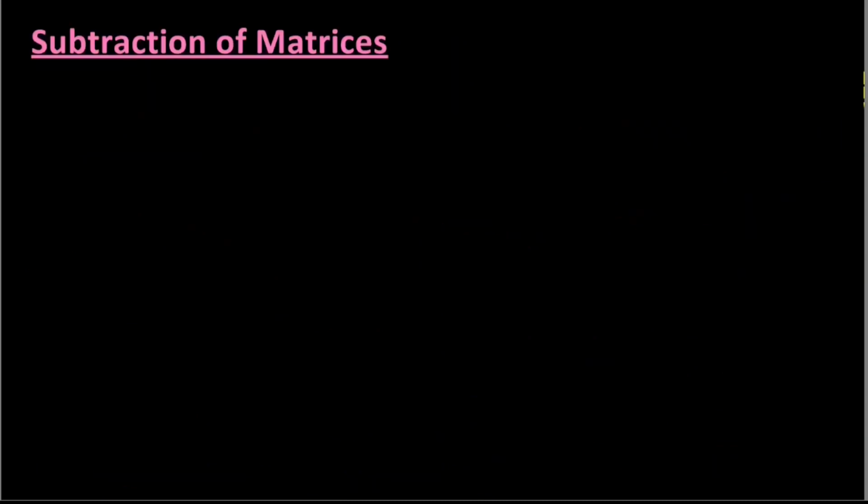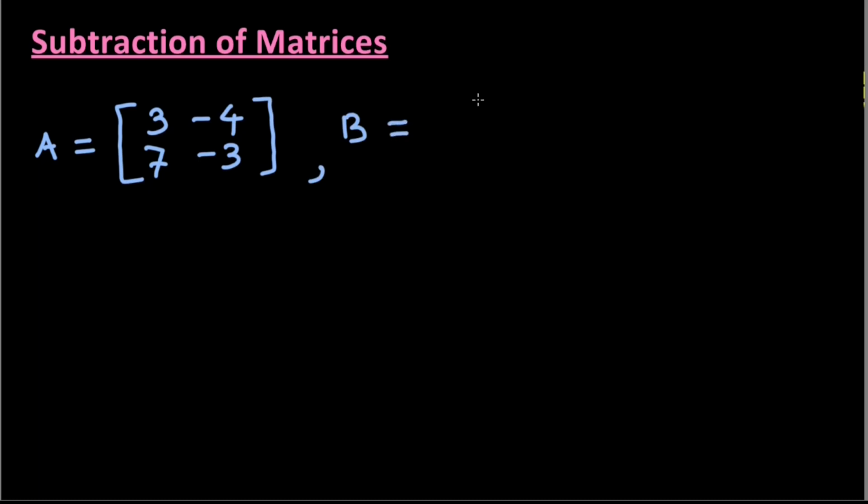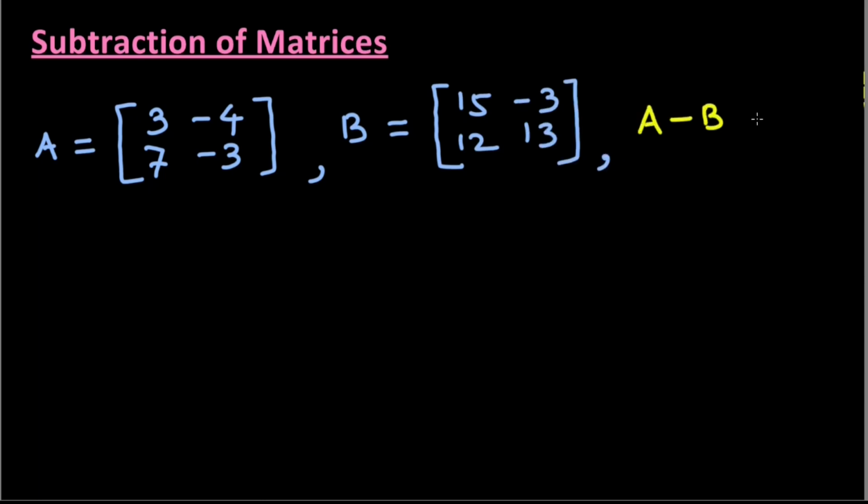What is subtraction of matrices? Suppose matrix A is [3, -4; 7, -3] and matrix B is [15, -3; 12, 13]. We have to find A minus B and B minus A. Let's find -A.